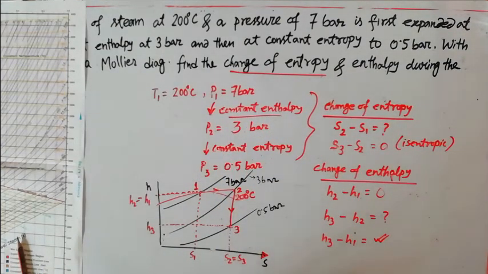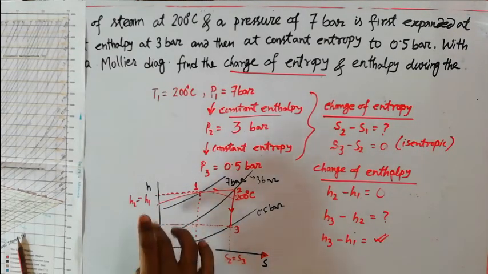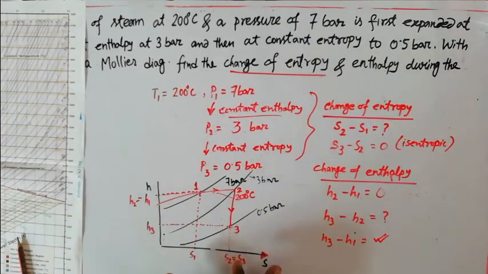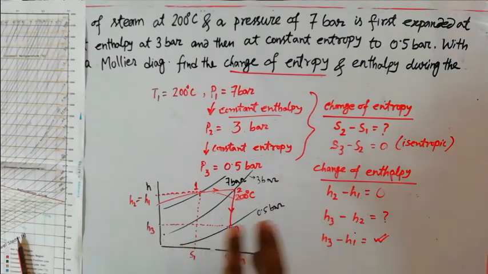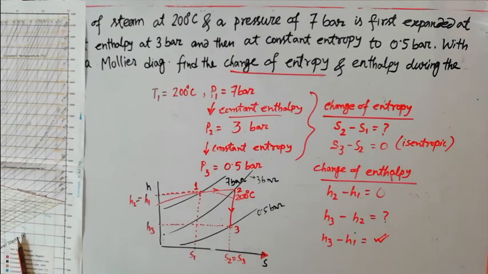Now just collect all that data from the Mollier chart, because in this Mollier chart scales are given on both the vertical and horizontal axes. Using some geometric interpolation you can get the exact values of all those enthalpies and entropies, and from there you can get the change of enthalpy and change of entropy.